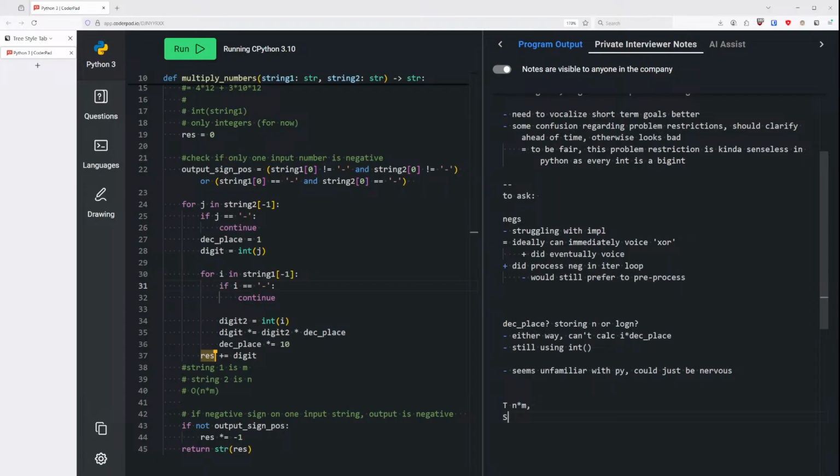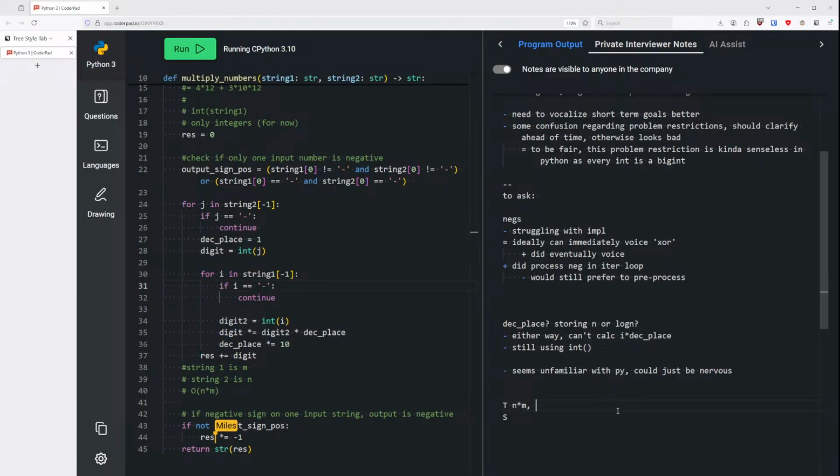So I guess it wouldn't really be in terms of m or n, it'd be in terms of what they represent.